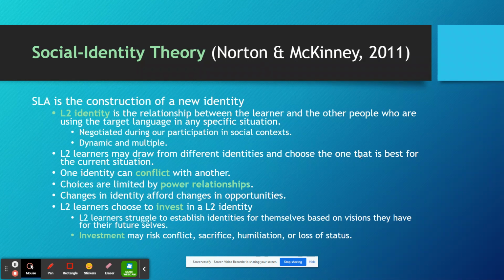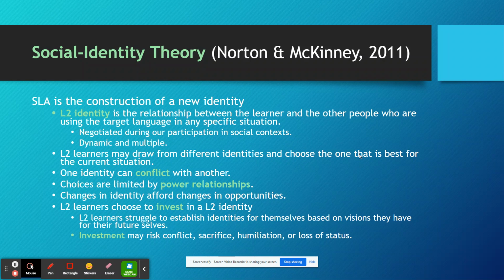So in that way, L2 language identity is dynamic and it's multiple. So you could have multiple different situations and you play a role or identity in one of those situations. And as you gain proficiency, the way you interact in that situation changes, and therefore your identity changes.